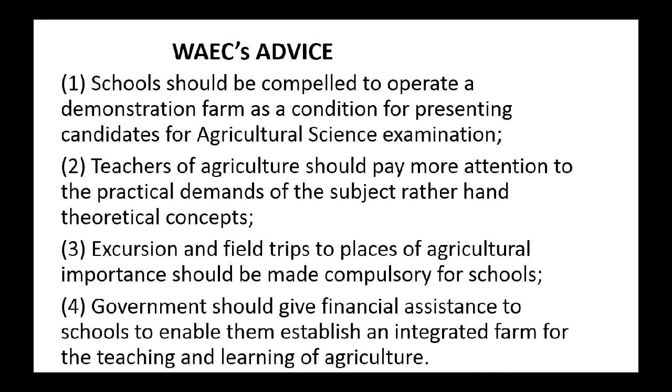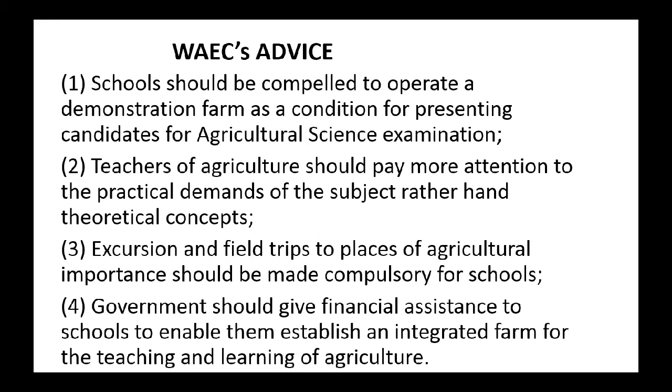Now, these are the following pieces of advice that WAEC gave to the schools and to the teachers to prepare the students better for subsequent WAEC examinations. 1. Schools should be compelled to operate a demonstration farm as a condition for presenting candidates for the agricultural science examination. 2. Teachers of agricultural science should pay more attention to practical demands of the subject rather than theoretical concepts. 3.